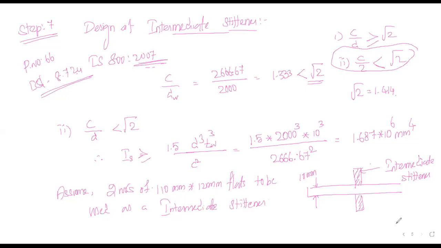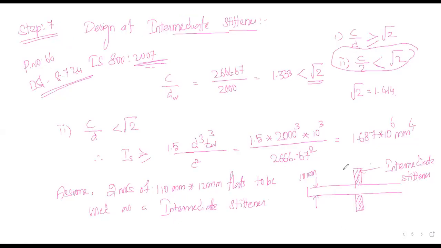First I have to check the Ixx value. Ix is nothing but B D cube by 12 plus A y bar square. In this diagram, this is 110 mm and this is 12 mm, and I can have two numbers.